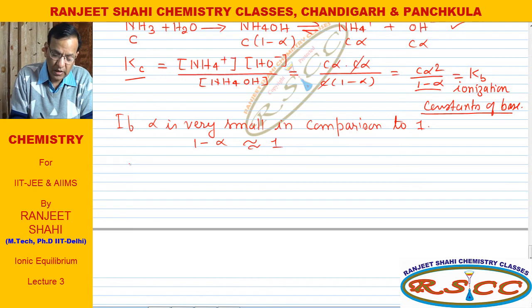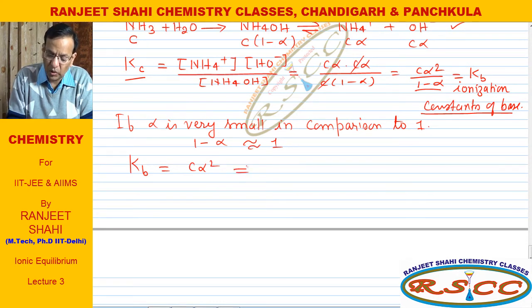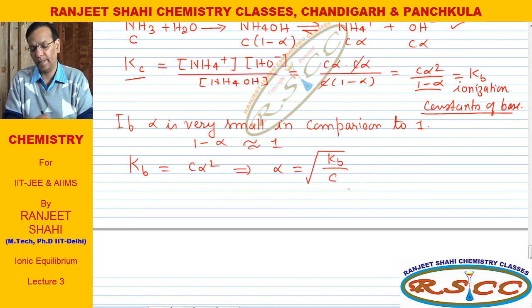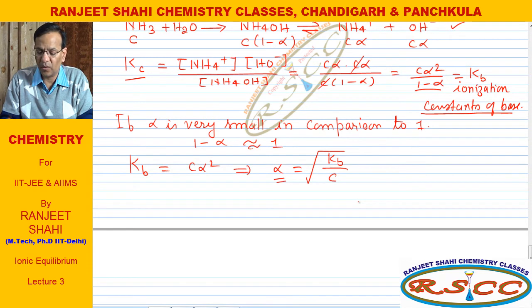With this assumption, Kb will become equal to C alpha square upon 1 minus alpha, which is 1. So once again alpha will be equal to root under Kb upon C. Like in case of weak acid, in case of weak base also, the approximate value of alpha can be determined by a similar type of equation, which is once again an Ostwald equation. And the same dilution law applies here, that if we dilute the solution, alpha will increase, and at infinite dilution the weak base will be completely ionized.